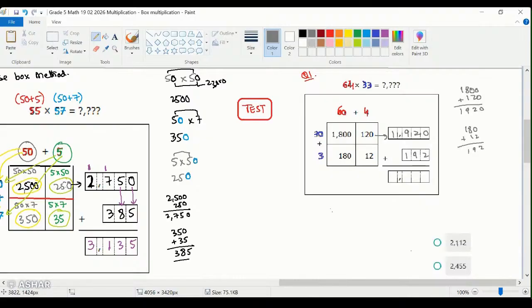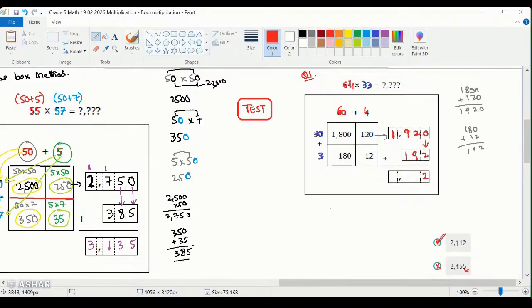See, just by looking at these values, 1920 is to be added to 192, right? When 0 is added to 2, we get a 2 in the units, right? That means 5 is not possible. This is your answer. You do not even have to solve it completely.